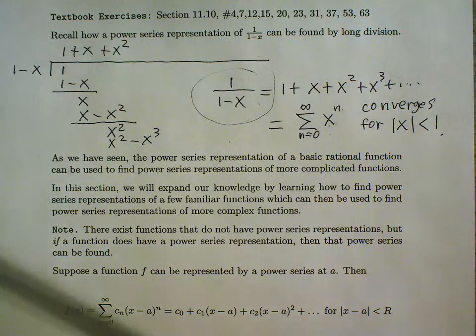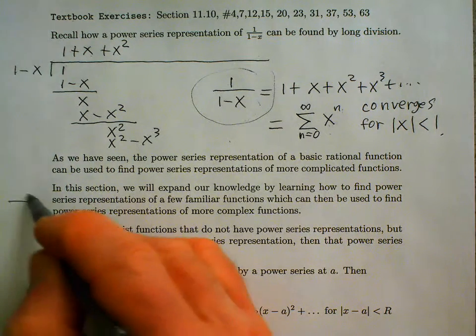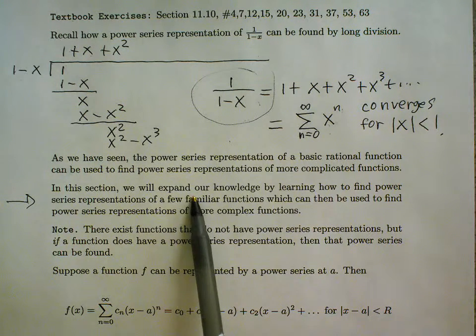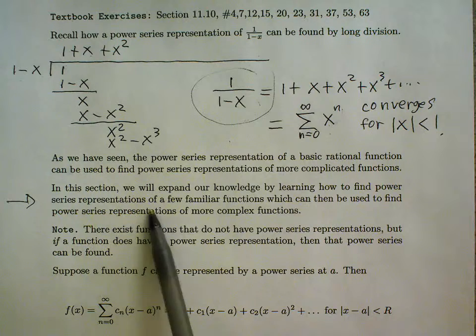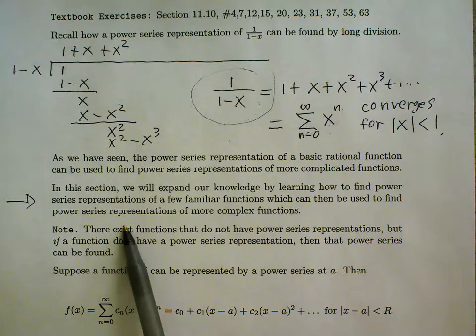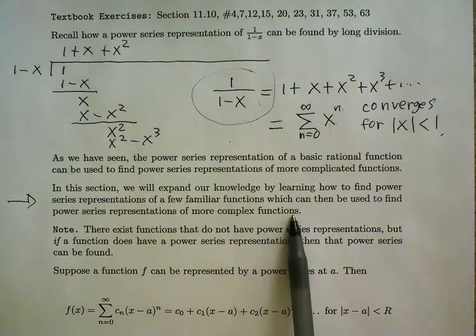In section 11.10, we will expand our knowledge by learning how to find power series representations of a few familiar functions, which can then be used to find power series representations of even more complex functions.